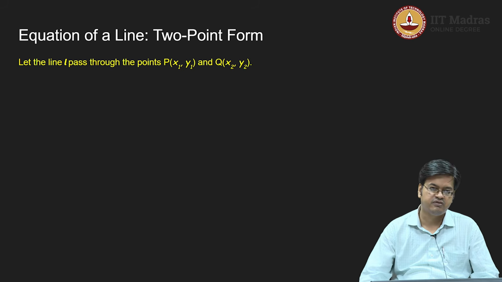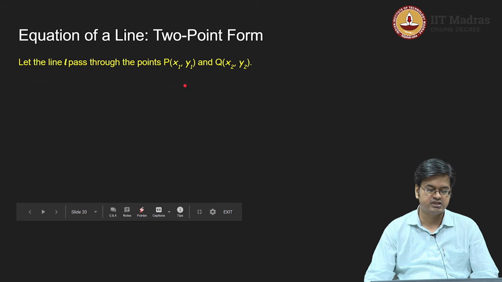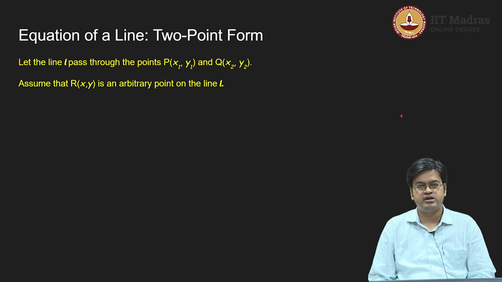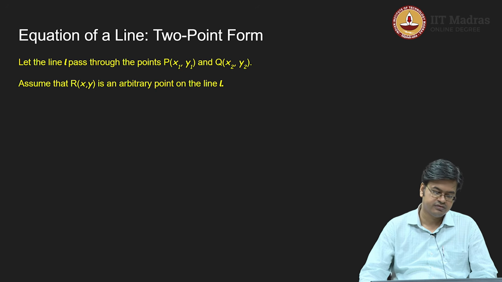So I will always, whenever I want to find the equation of line, I will start with an arbitrary point. So R x comma y is an arbitrary point on the line L. Now look at these 3 points P, Q and R, they all lie on one line. Therefore the points P, Q, R are collinear.